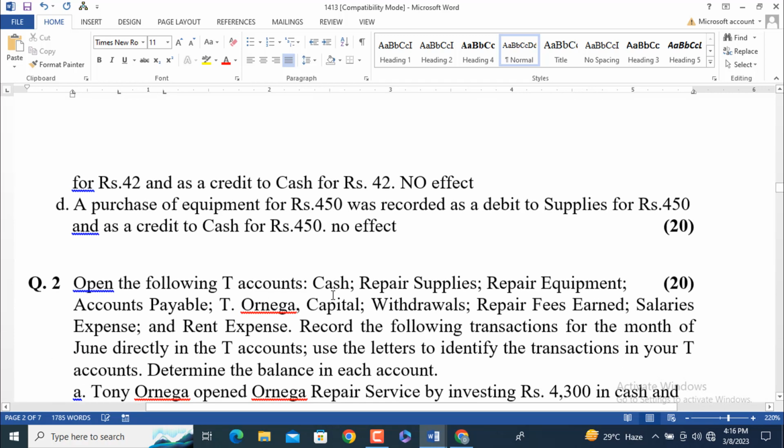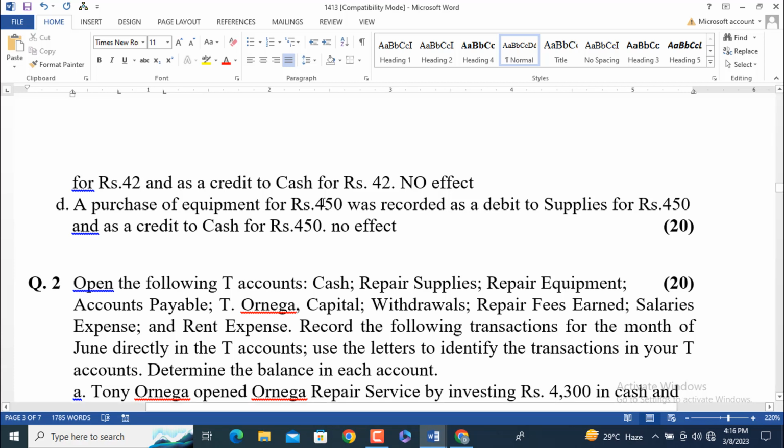Now I have the last transaction, which is labeled as D. A purchase of equipment for rupees 450 was recorded as a debit to supplies for rupees 450 and as a credit to cash for rupees 450. No effect, as both accounts involved are recorded with the same amount and belong to the debit column of the trial balance.